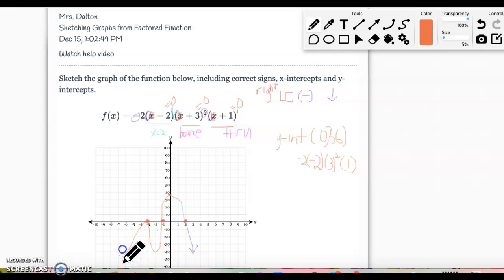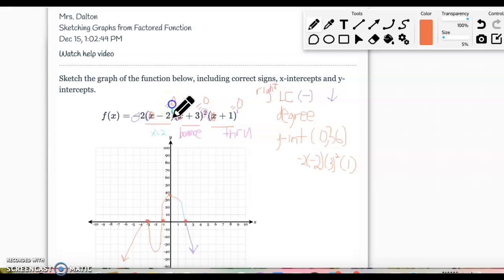Okay, now let's double check, because the degree determines what happens on the left side. Let me start over. Is the degree even or is it odd? So you're going to count your exponents.